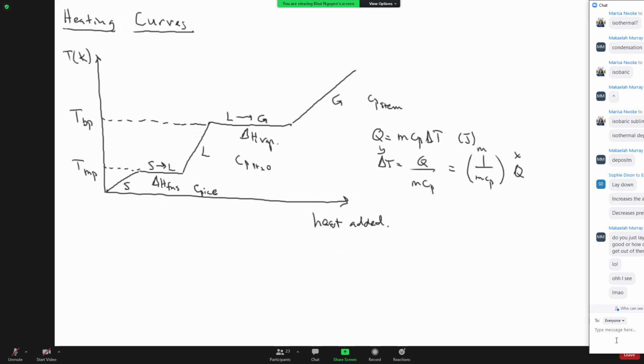For each of those slopes that you had in your system. Yeah, this is a 1. Any questions? This is the heat added.